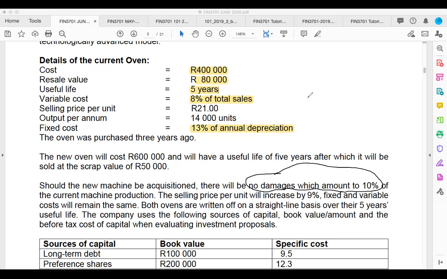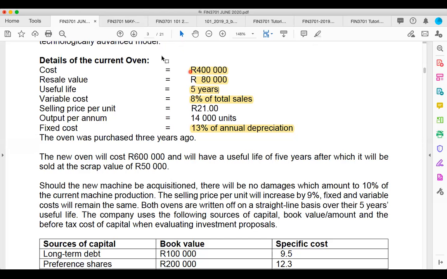Okay, so currently there are damages. By using the current machine, there are damages which the company is incurring.